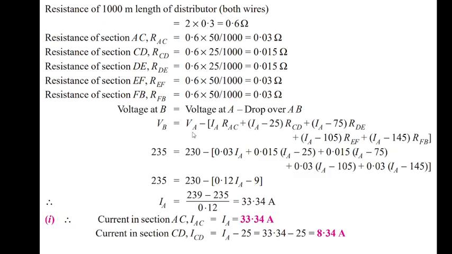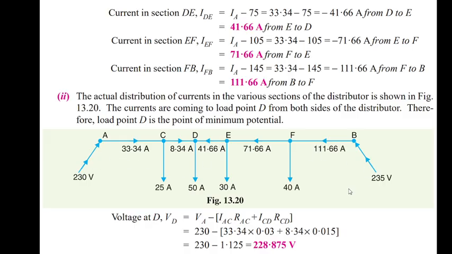So we can use this. This is a KVL, right? KVL here. The voltage at point A is equal to the voltage at point B minus the voltage drop in all of the sections.